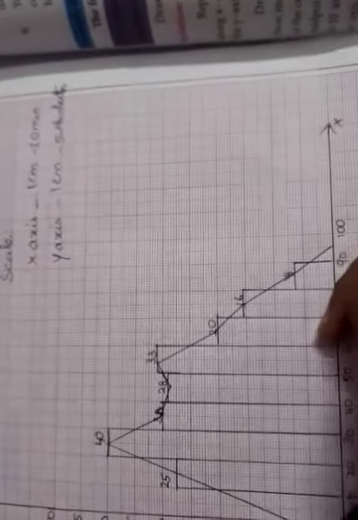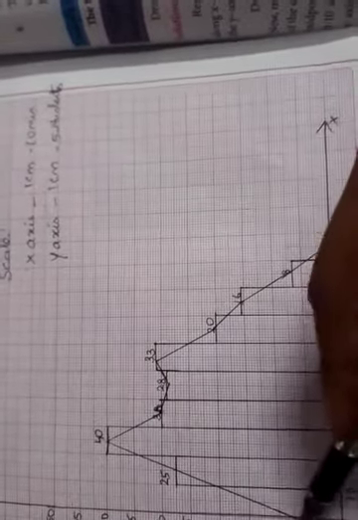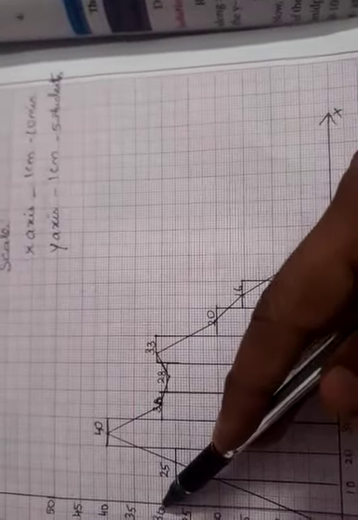On the y-axis, each 1 centimeter represents 5: 5, 10, 15, 20, 25, 30, 35, 40, 45, 50.